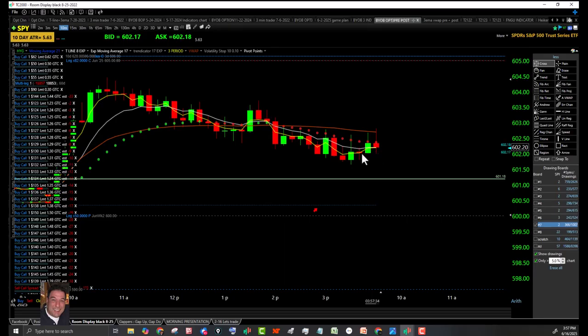So I'm looking for another red candle into tomorrow's open, and I'll be looking for something that's not a bottoming tail candle, something that's not a spinning top or a doji, and no green candles. No green candles, no bottoming tails, no spinning tops, and no doji candles, because dojis and spinning tops equal bulls and bears are satisfied with the price action. So I'm not interested in those.